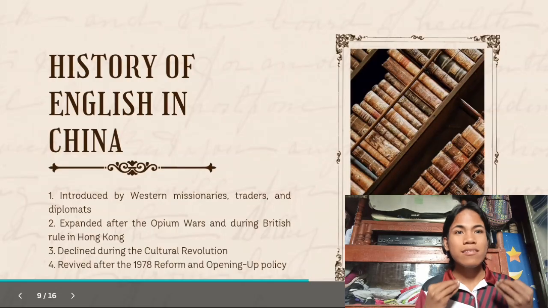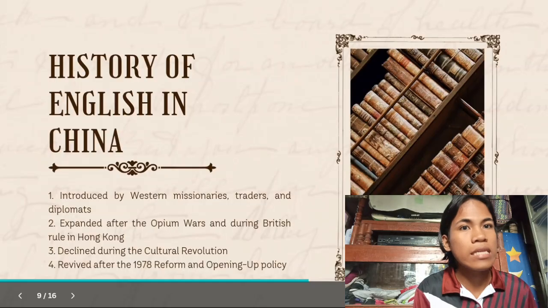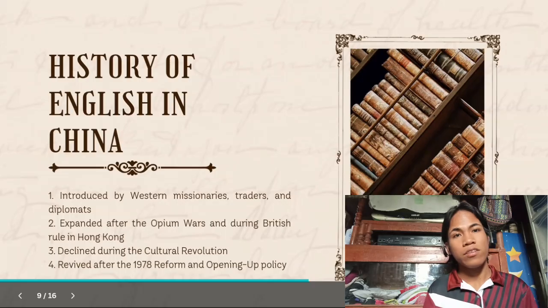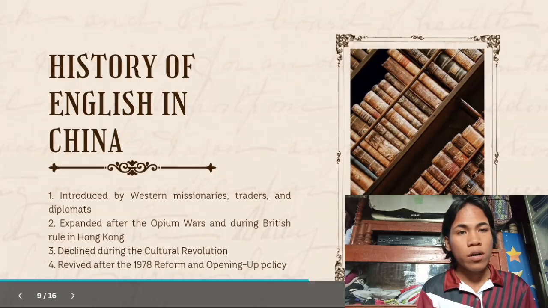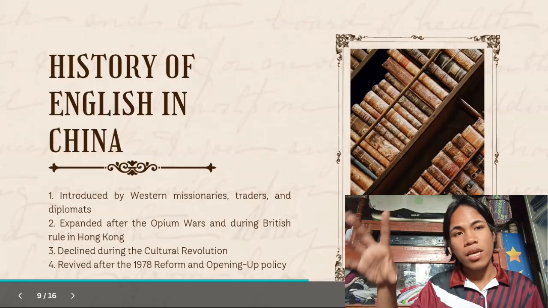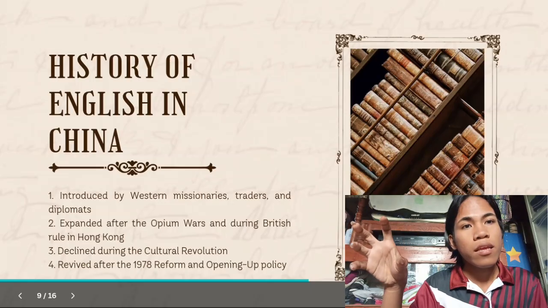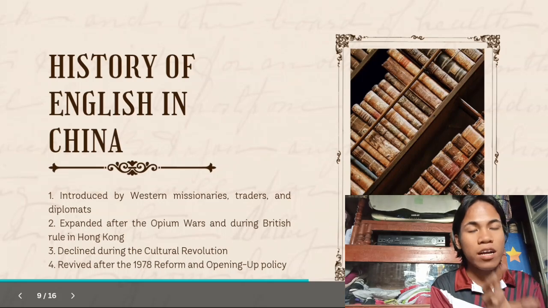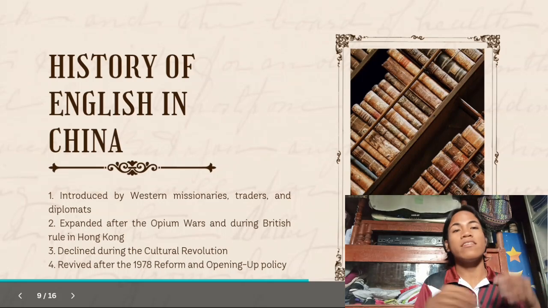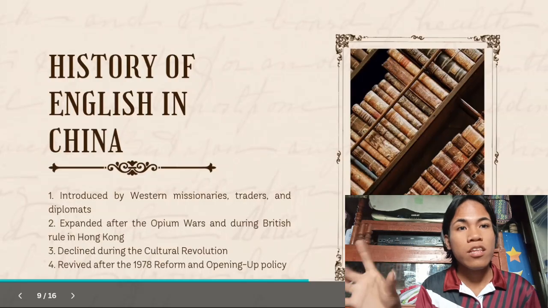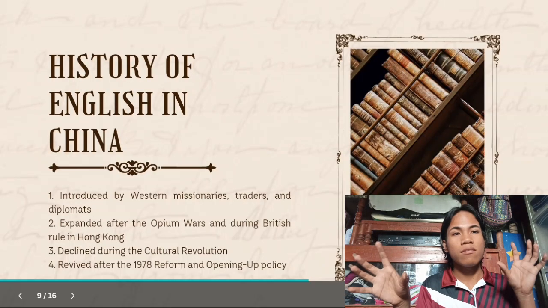And how did the opening of treaty ports and foreign exchange expand English in China? It is because the opening of treaty ports allowed foreign English speakers to enter China and Japan, which means that there is an interaction between foreign English speakers and the Japanese and Chinese peoples.